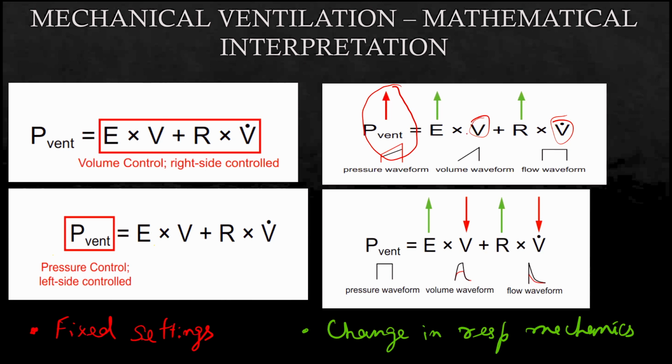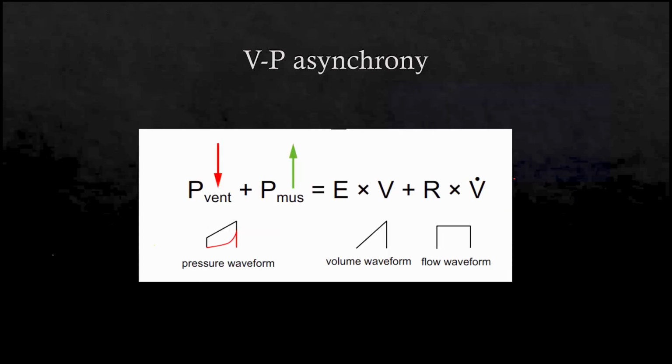So when the volume is constant, the pressure varies when there is a change in the elasticity or the resistance. But when the pressure is constant, any change in the elasticity causes changes in the volume. That is the fundamental difference between a pressure control and a volume control kind of setting.